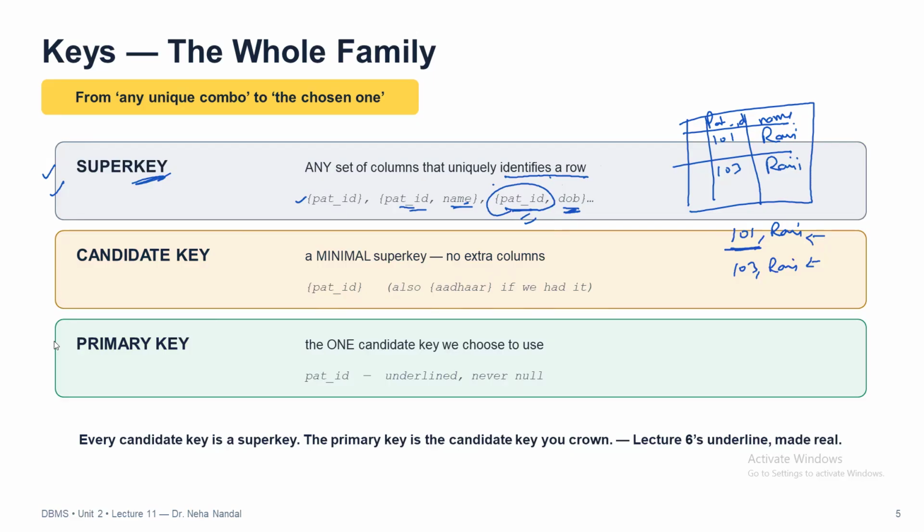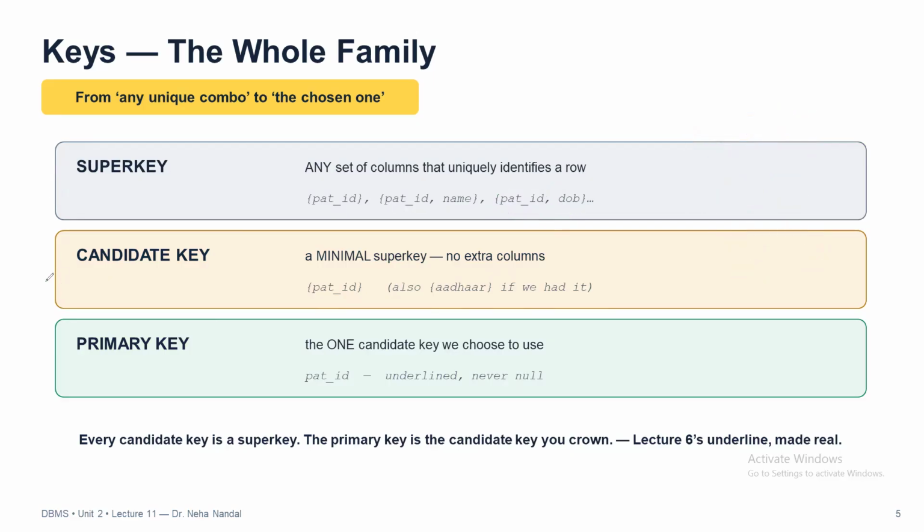Okay, now next one is candidate key. So the second one for us is candidate key. It is a minimal super key. We have to basically divide, that means it is the one with no unnecessary columns. Basically, divide your patient ID plus name down. If you have patient ID and name together from the super key, yes, divide it: patient ID and name.